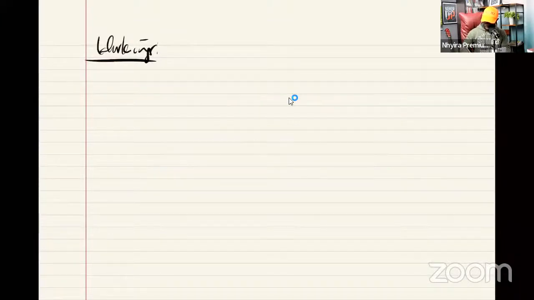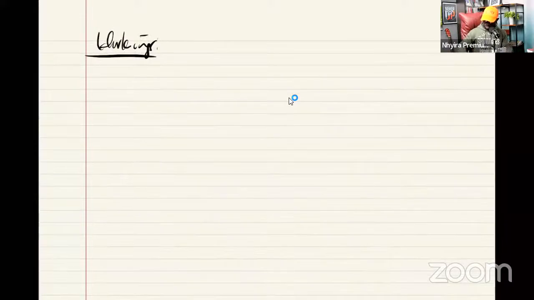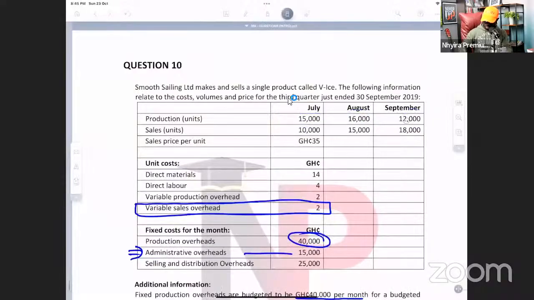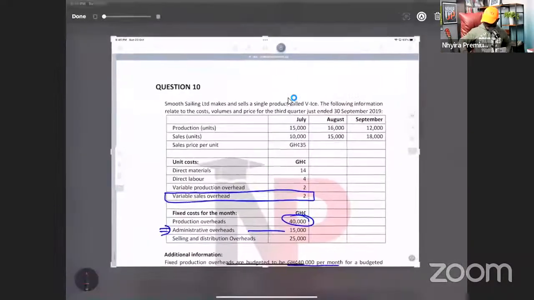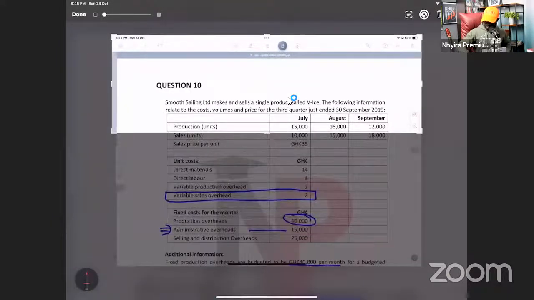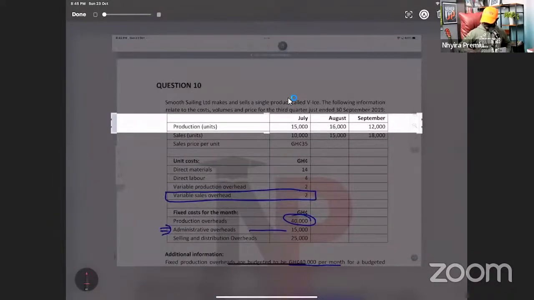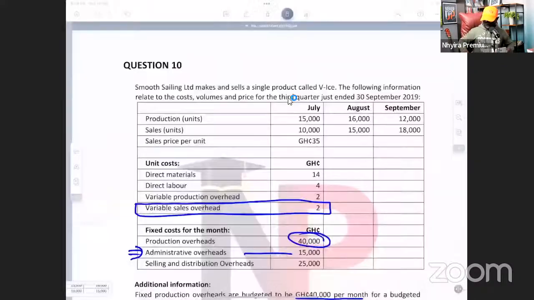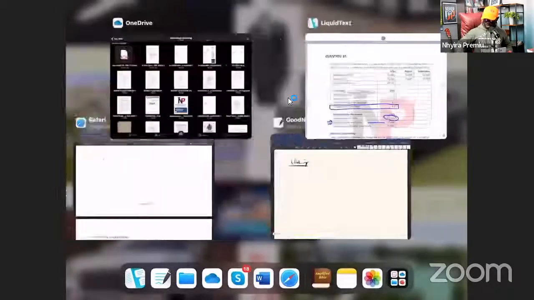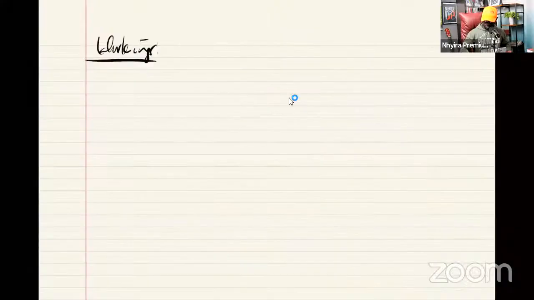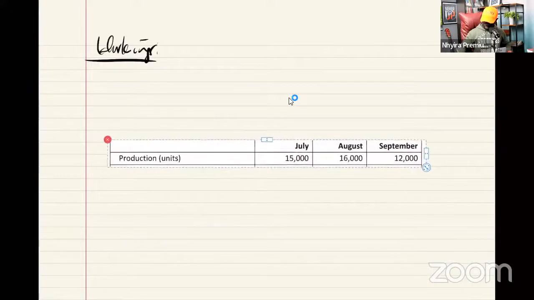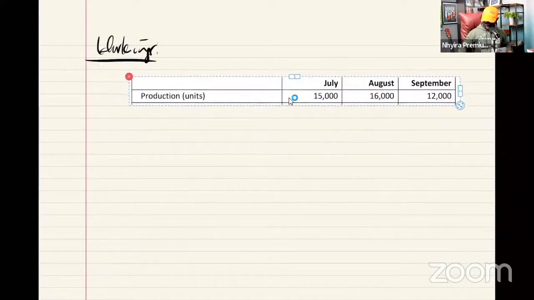So this is sales. Okay, I thought I had picked. So let's go pick the production units, because we need the production cost. The figure I wanted to pick earlier was based on the sales unit. So let's calculate the production cost.